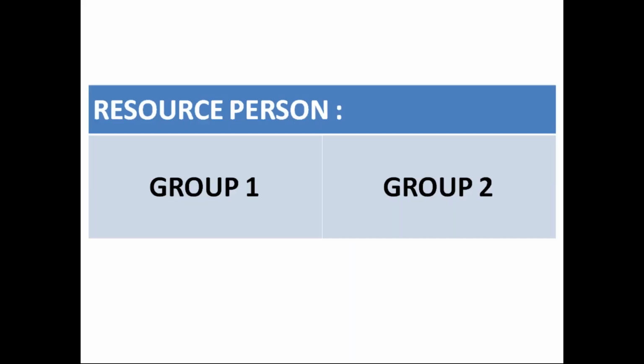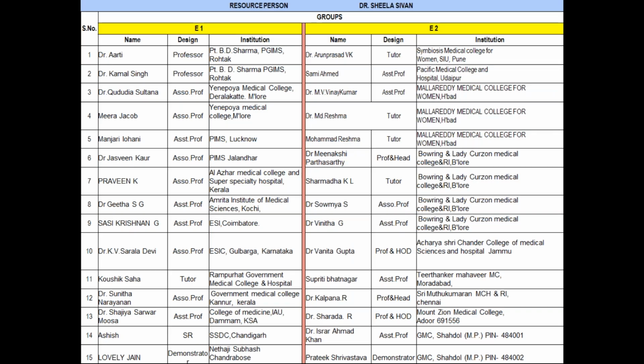Any clarifications, any doubts, you can just approach your resource person. And for each resource person there will be 2 groups, and each group will contain close to 15 or 16 or 14 participants depending upon the division.